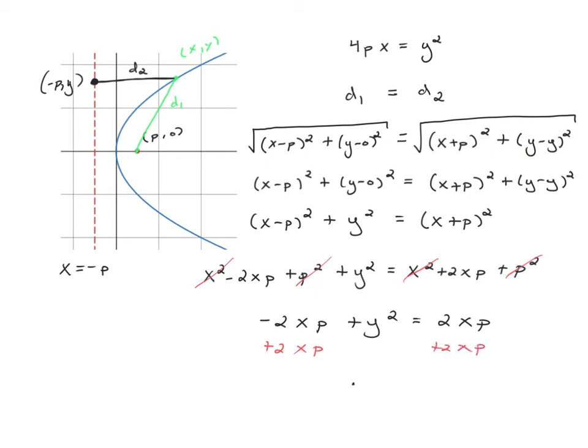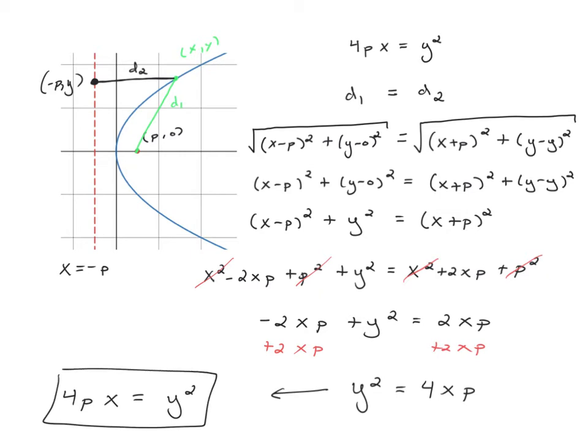And we end up with y squared is equal to 4 times x times p. If I just rearrange this a little bit, it's 4p times x is equal to y squared, and we got it. So that's how you can derive this equation. You set up a picture, label the directrix and the focus, set two distances equal to each other, and go from there.